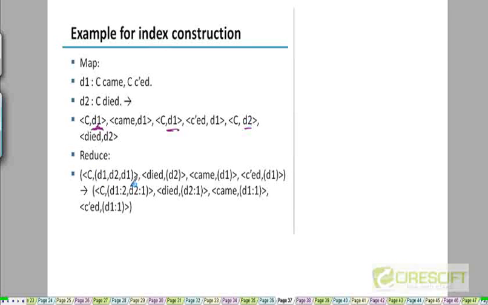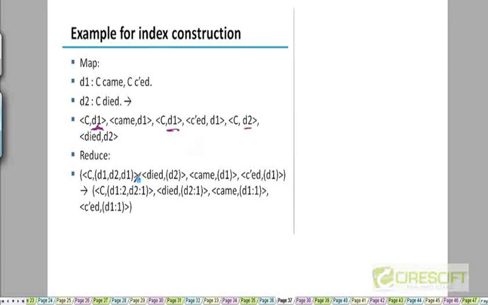Now these need not be sorted, right? Because the reducer will be picking up these values from different machines, they can come in any order. In this case, this D2 comes before D1, even though here the sequence is D1, D1, D2, but you can think of some other machine dealing with D2, the second document, and that could come in any order. They need not be sorted.